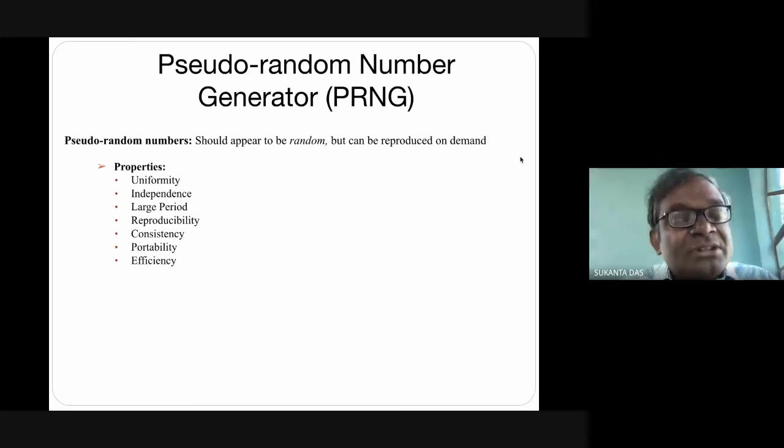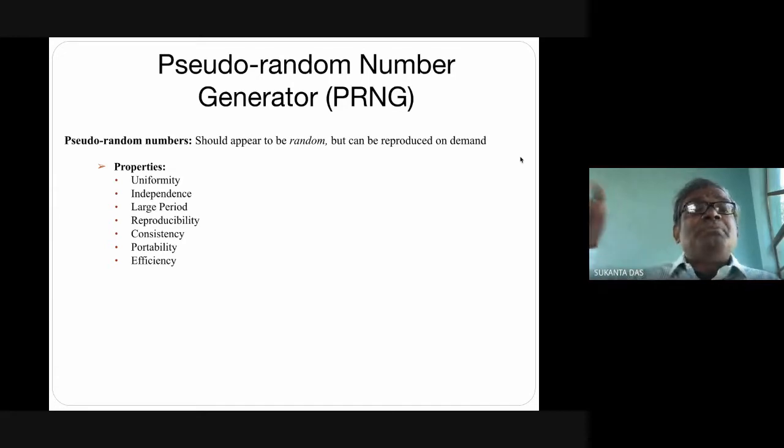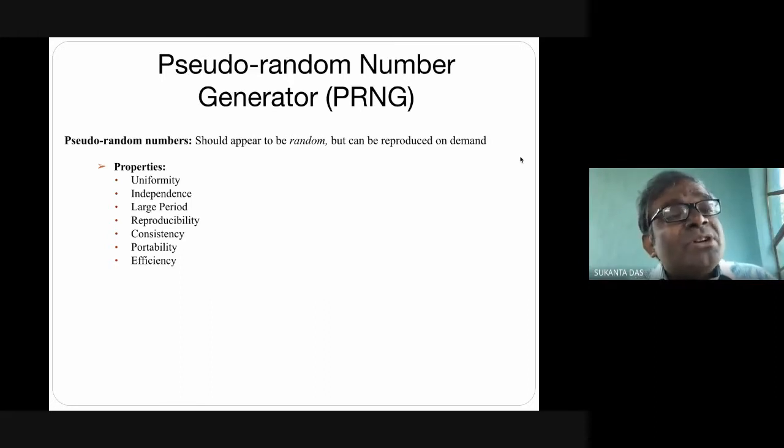The numbers generated have to be uniformly distributed, and independent from each other. Large period: since the system is finite, a number will be repeated after some time, but the period of repetition should be as large as possible. These properties are to be satisfied by any PRNG.